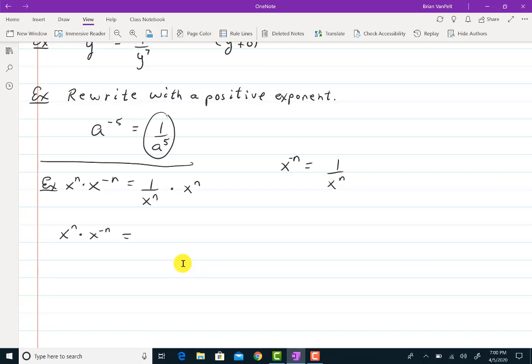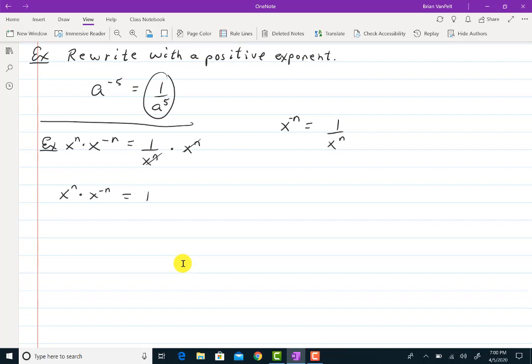But on the right side, both the x's cancel away, and we end up with 1. So now I can get the rule that I already had there on the right, but this time I divide by negative n. X to the n equals 1 over x to the negative n. So I hadn't done that one yet.